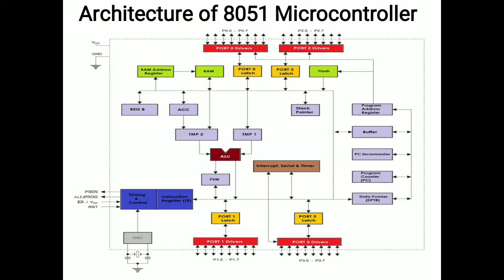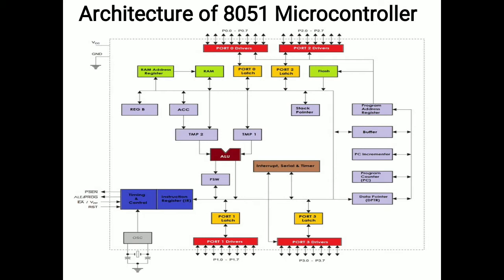So according to that, in the architecture also the ports are allocated to different sides, and the various blocks associated with these ports and ALU operations are also indicated.